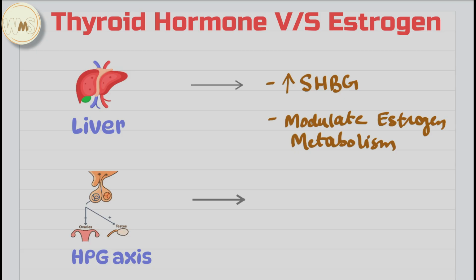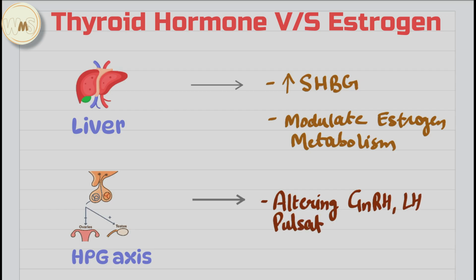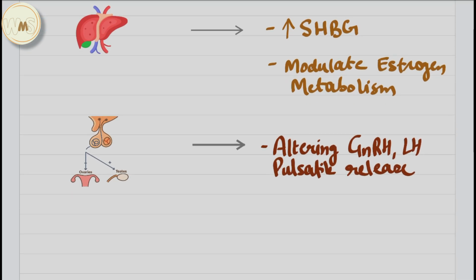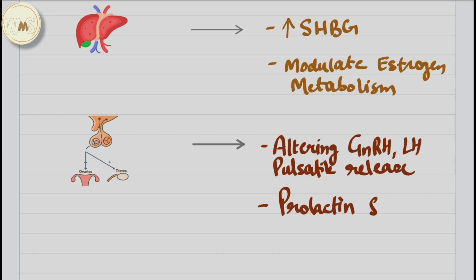And secondly, at the hypothalamic pituitary gonadal axis, by altering the GnRH, LH pulsatile release, and prolactin secretion, the clinical effects differ in hyperthyroidism versus hypothyroidism.